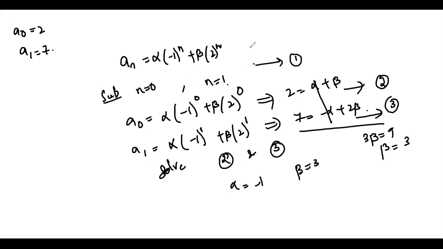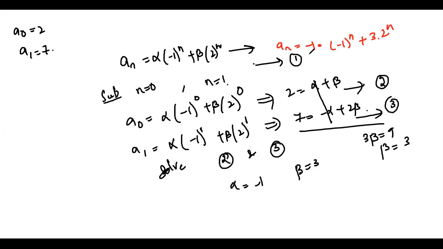Now, what is the solution to the recurrence relation? You have to substitute the values of alpha and beta in this equation. So an is equal to alpha into minus 1 power n; instead of alpha we write its value, so minus 1 into minus 1 power n plus beta, which is 3, into 2 power n.